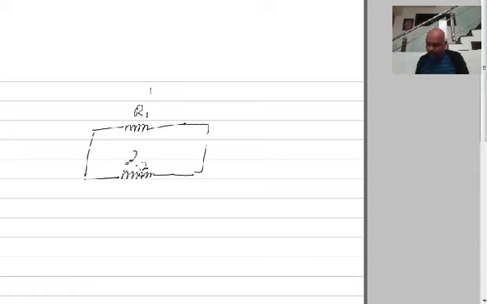This is R2. Now this R1 and R2 are connected to a battery here. R1 and R2 are connected to a battery.